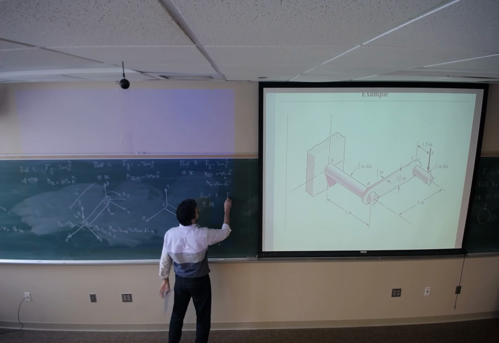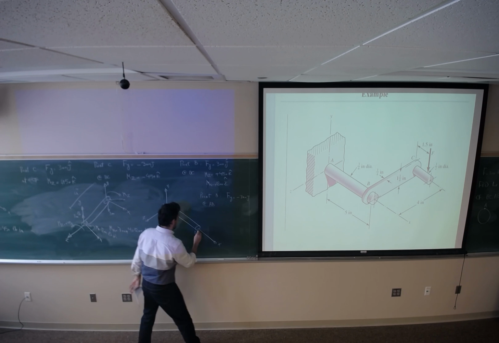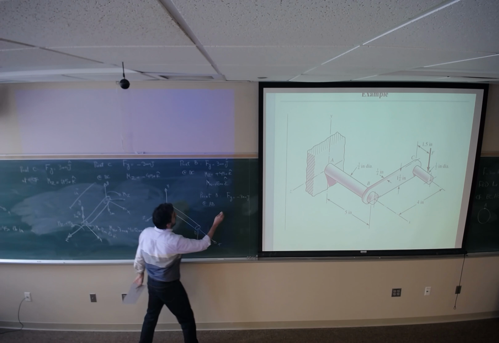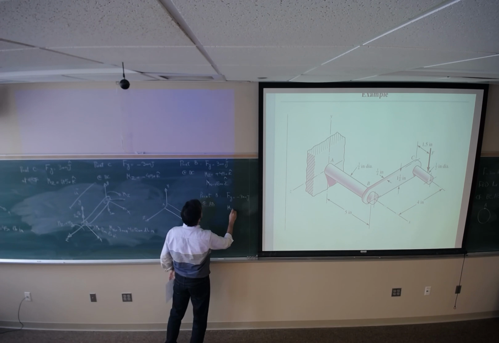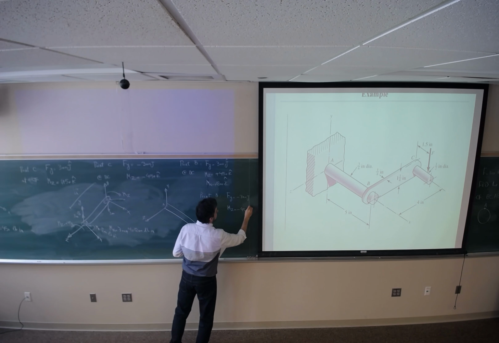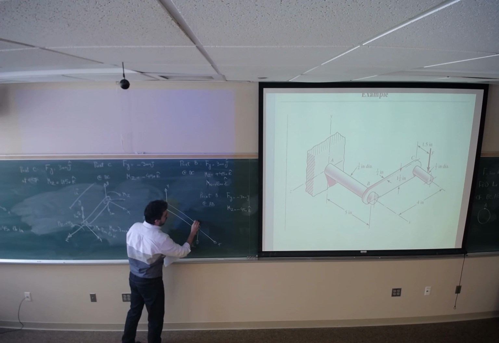If Fy would be negative 300 in J, and MZ would be negative 450 in K, so it's gonna be this direction.